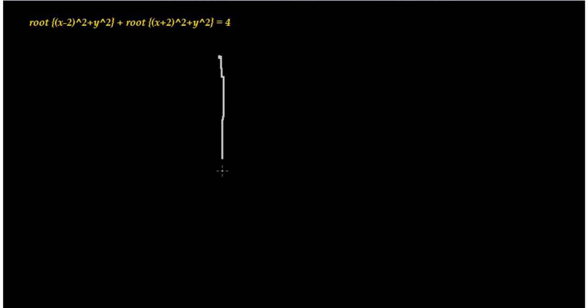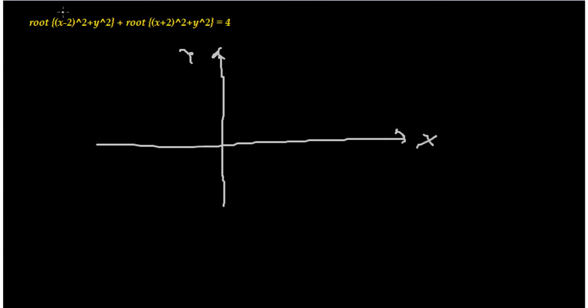Let's say we have an xy axis, and basically (x minus 2) square plus y square under the root is nothing but the distance of point (x, y) from (2, 0), right?